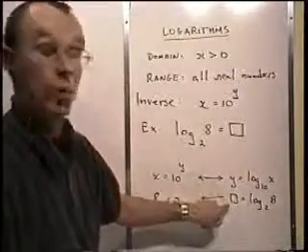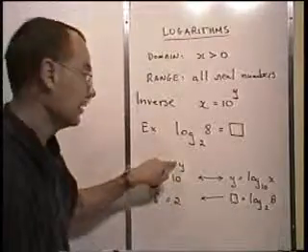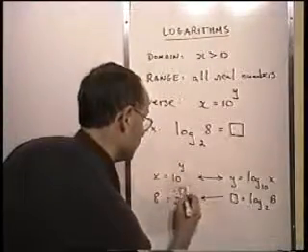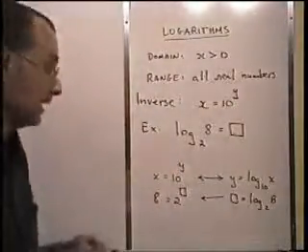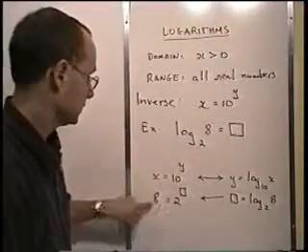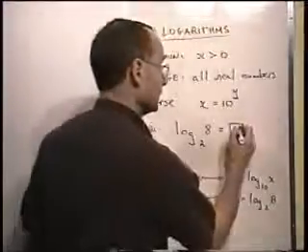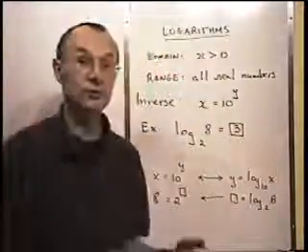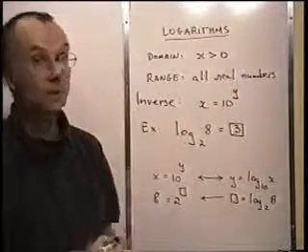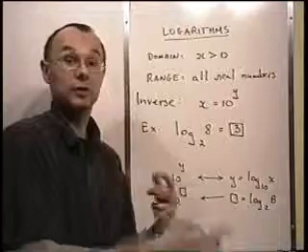And the unknown is behaving like the y, and it becomes the exponent up here. So let's see, does that help us answer the question? 2 to what exponent equals 8? I think you know the answer. 3 is correct. So not a very difficult question once we were able to make this kind of comparison.